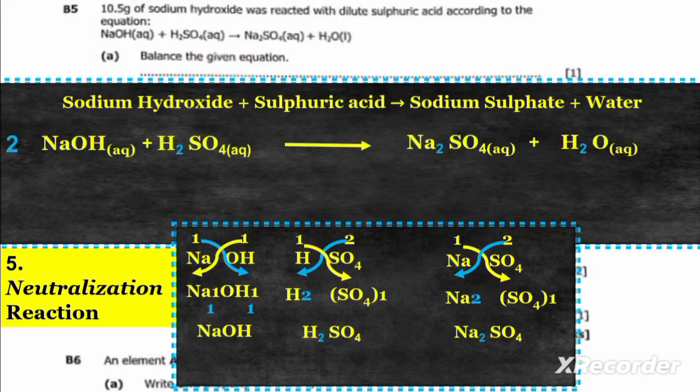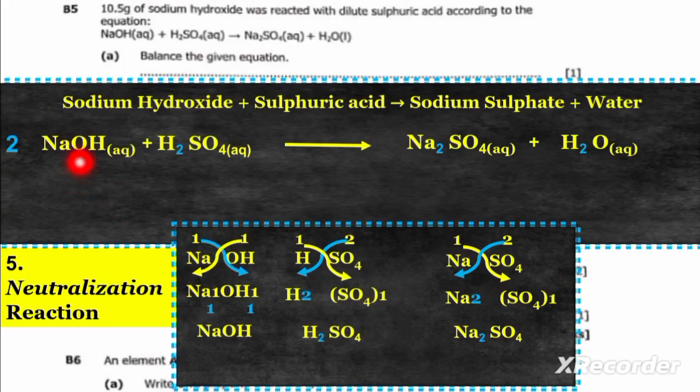Okay, here we go. So we can see that we have one atom of sodium here, two atoms of sodium. So what do we need to do? We write two here. Two atoms of sodium, two atoms of sodium. The equation is balanced. We move to the next element.